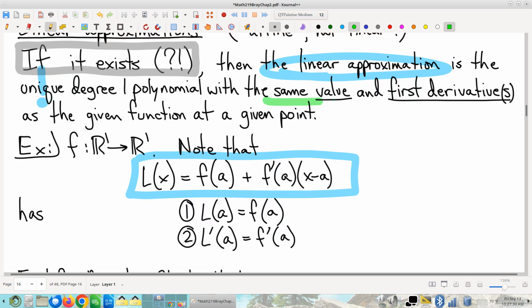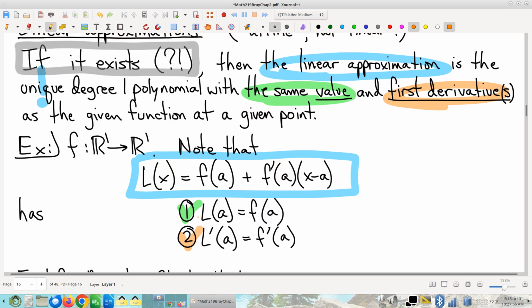It has the same value as f at the given point, and it has the same first derivative as f at the given point. So this is the unique degree 1 polynomial. Let's say this geometrically. If we were looking at graphs, the graph of this is the unique line, right?